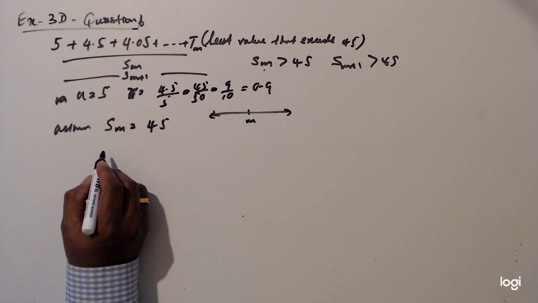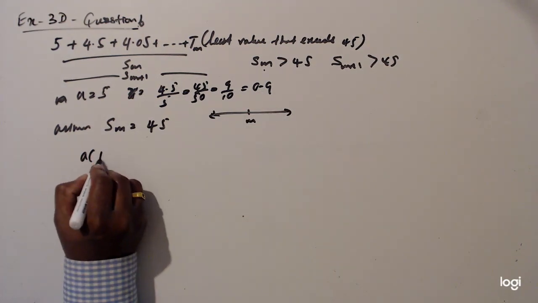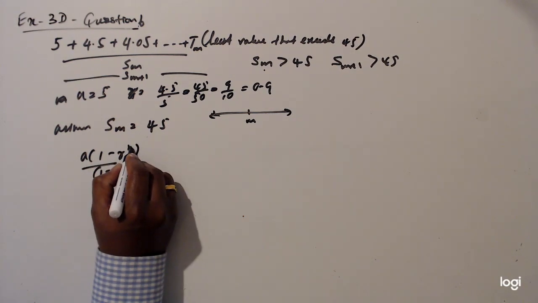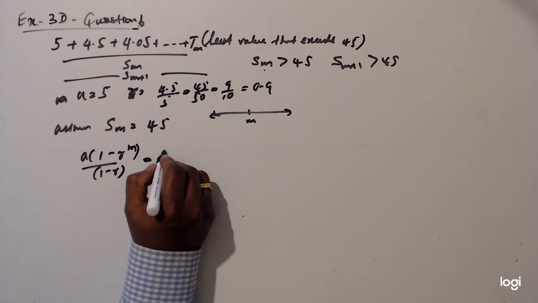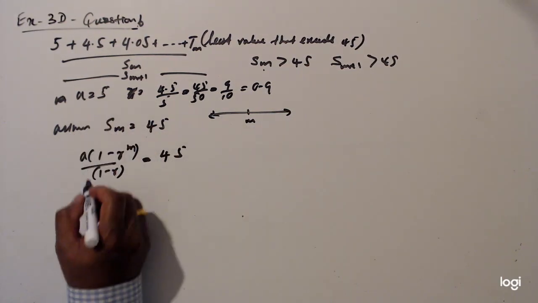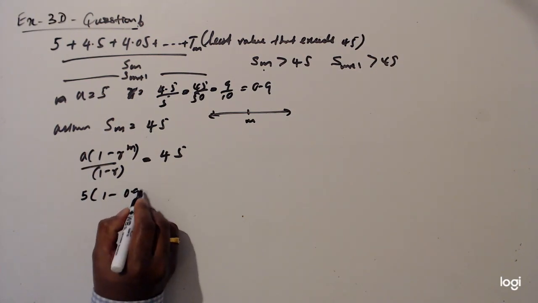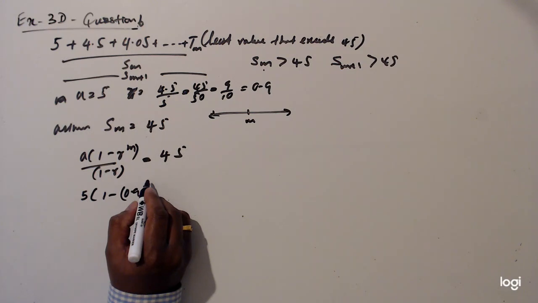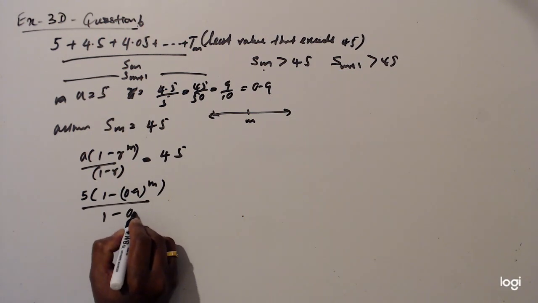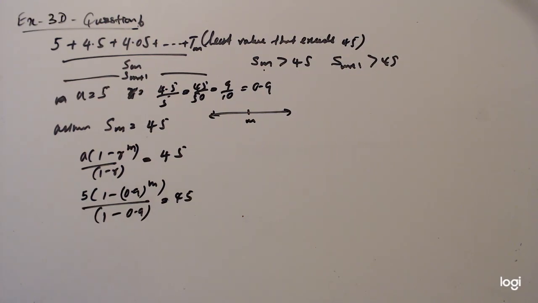So Sm, I will use A times 1 minus R to the power m over 1 minus R is 45. So A value is 5, 1 minus 0.9 to the power m, and 1 minus 0.9 equals 45.